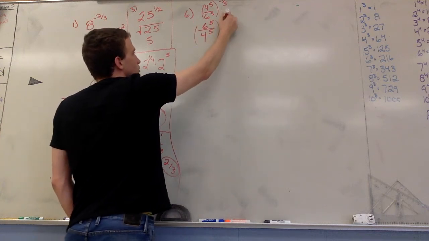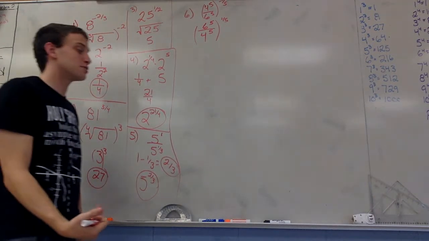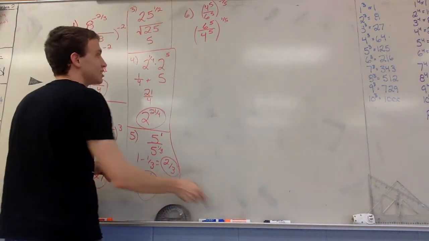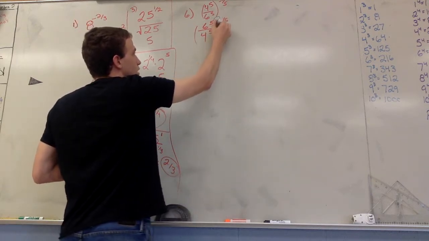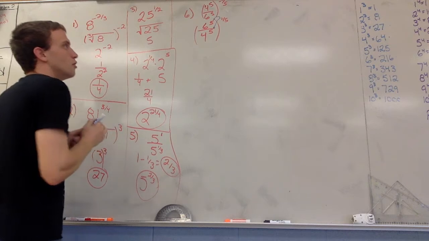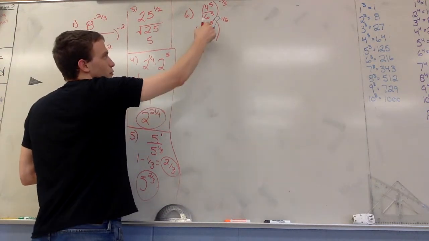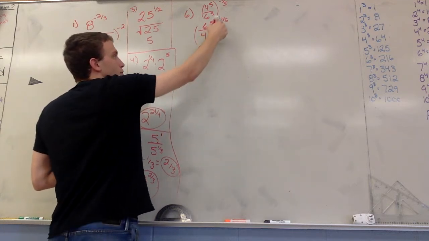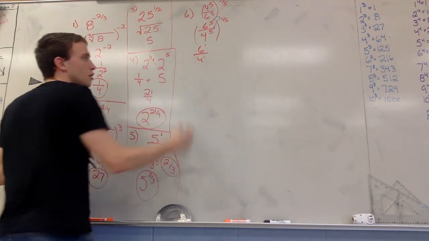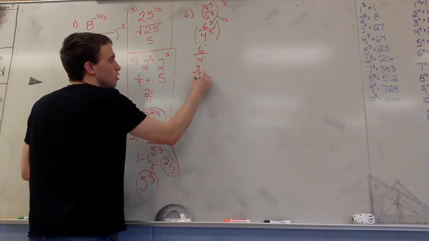Now this is a positive 1/5 as my exponent. Now, when I have an exponent outside, I need to distribute it to all the exponents inside. So 6 to the 5 times 1/5 just gives me 1. 5 times 1/5 just gives me 1. So 6 over 4 simplifies to 3/2.